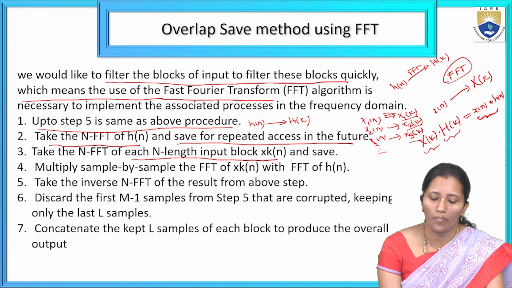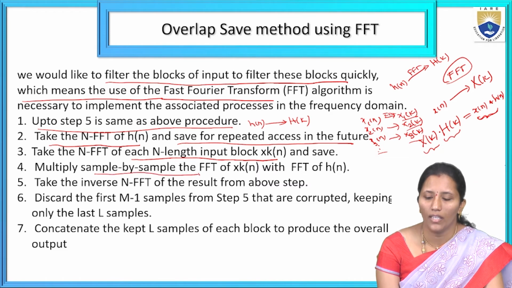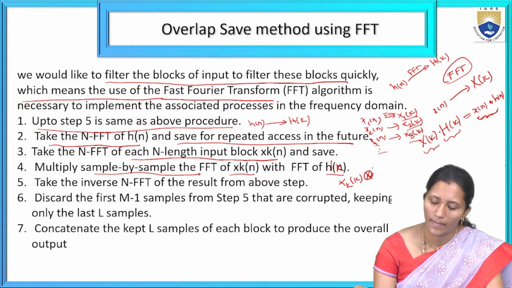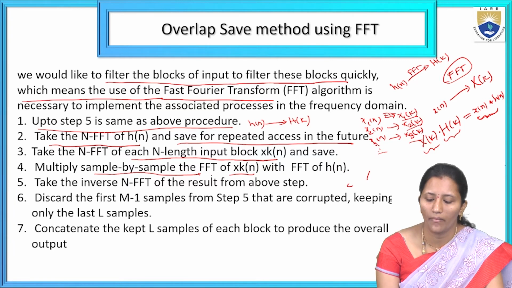Next, multiply sample by sample the FFT of xk of n, which is xk of k, the frequency domain signal, with the FFT of h of n, which is the frequency domain signal h of k.